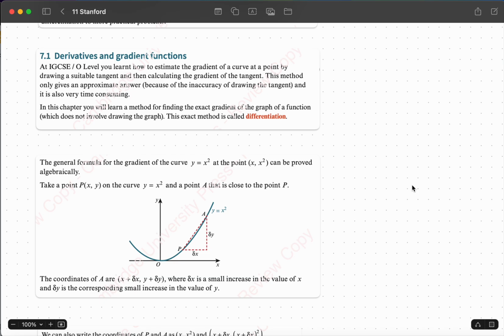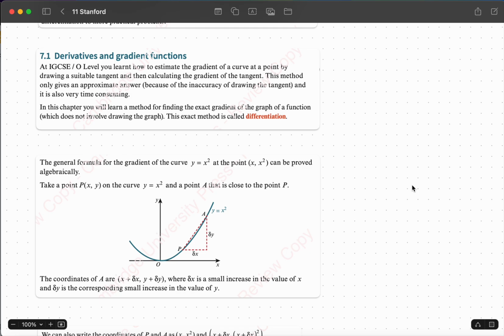If you remember from the IGCSE curriculum, when you want to estimate the gradient of a curve at a point, you draw a suitable tangent and then calculate the gradient of the tangent. This method only gives you an approximate answer, because of the accuracy of drawing a tangent, and it is also very time consuming.